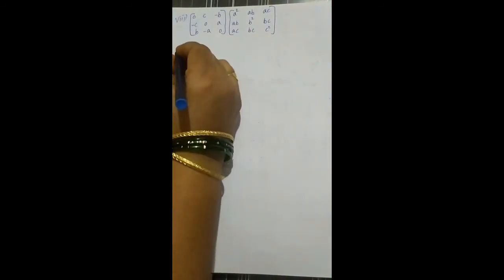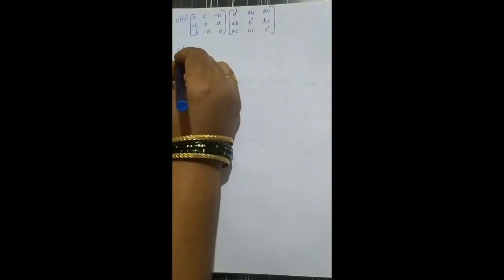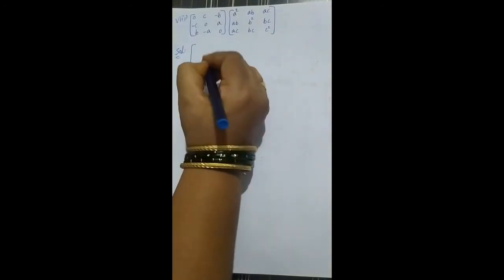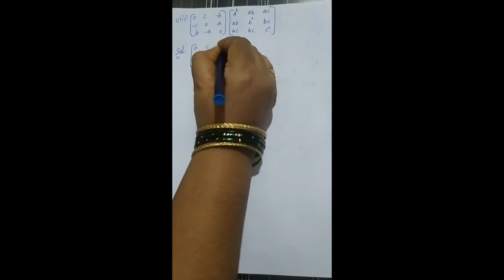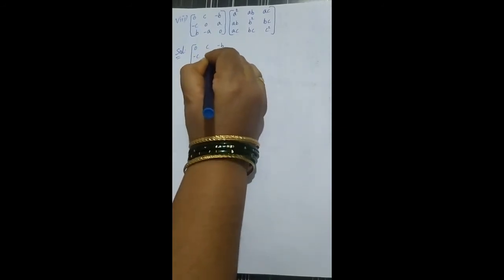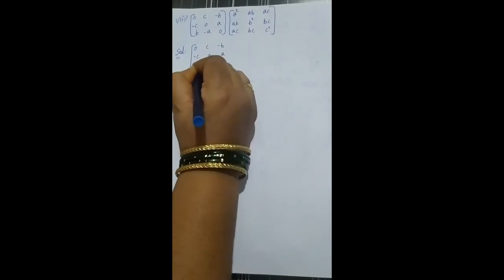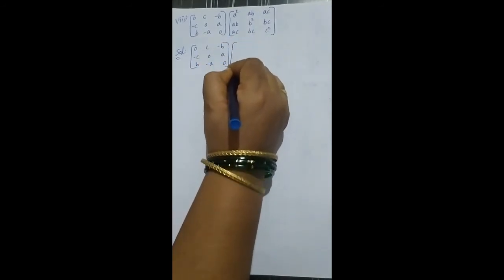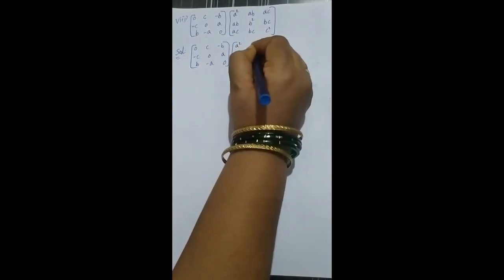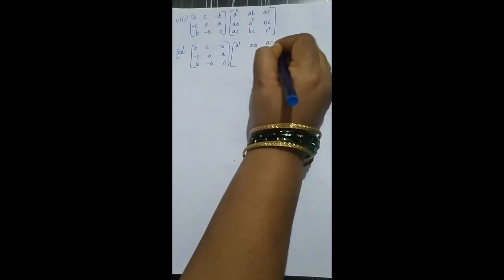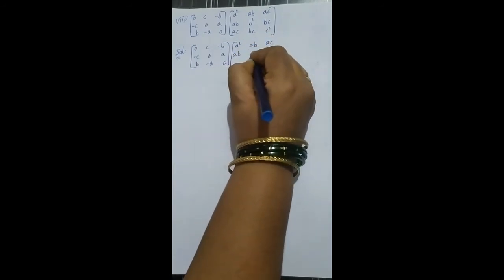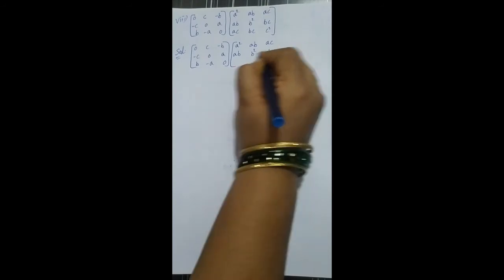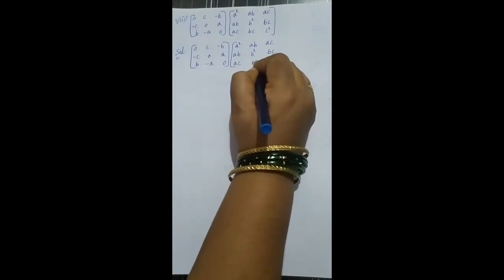These are our given matrices, and the solution is, first write down the given matrices: 0 C minus B, minus C 0 A, B minus A 0, and the second matrix is A square AB AC, AB B square BC, AC BC C square.